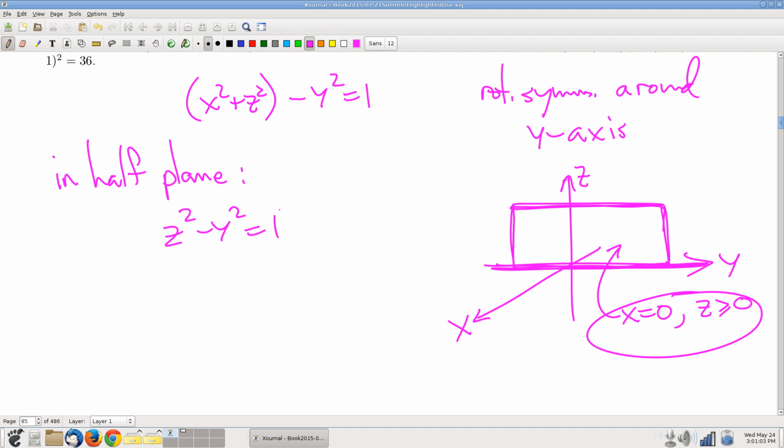So now the question is, we know that's a hyperbola. Which way does it go? It is easy to get that confused. Again, I have to think it through each time. If I were to let y equal 0, that goes away, no problem. Y can equal 0, and you get z equal to plus and minus 1.